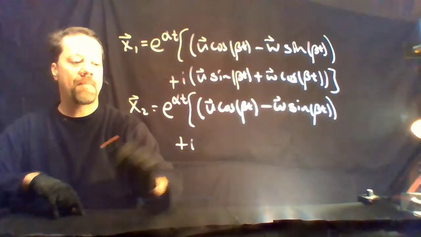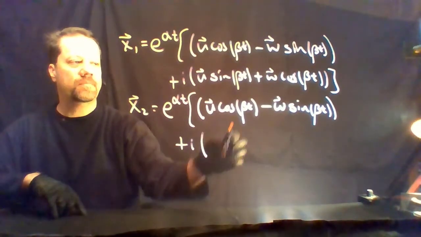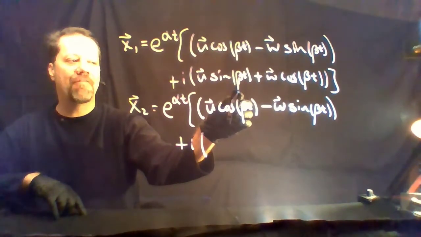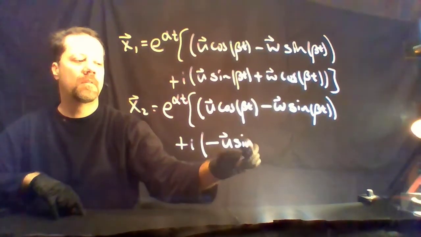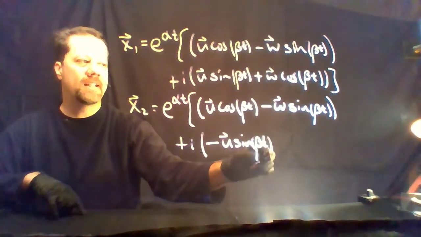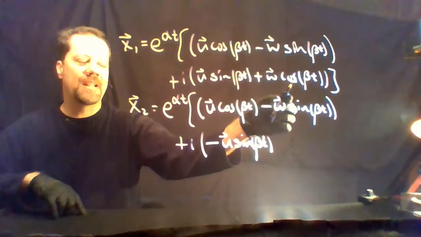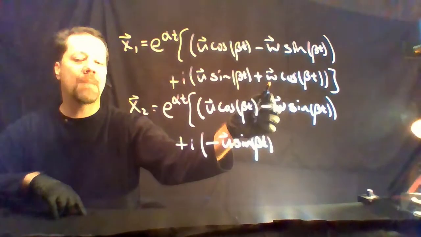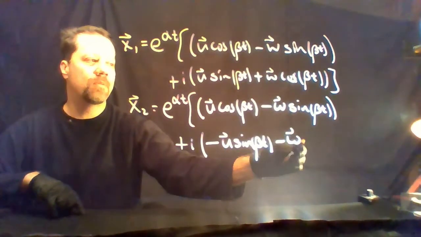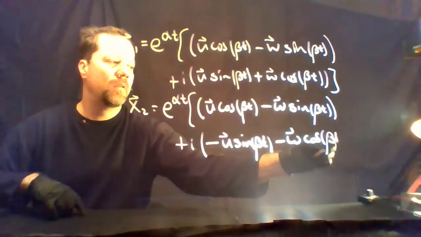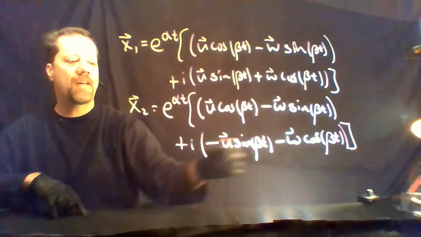It all depends upon what happens with the imaginary part. If beta is replaced by negative beta, you get a negative U sine beta t. If beta is replaced by negative beta in the second term, cosine being even, the negative goes away. But W is also replaced by negative W, so you still get a minus W cosine beta t.